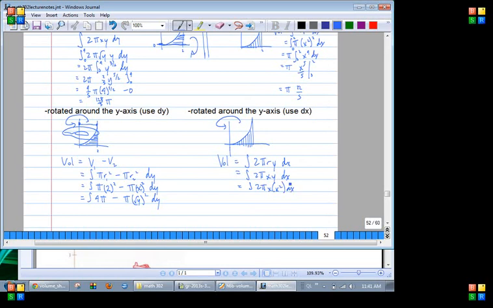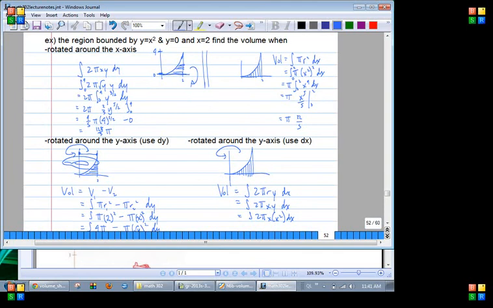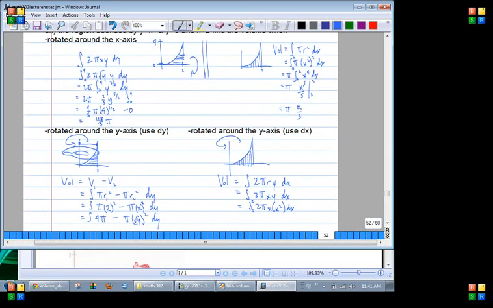Now in this dx case, what are the boundaries of integration? x goes from where to where? From 0 to 2. And what about the other integral? The other integral is dy. What are the boundaries of integration for that?